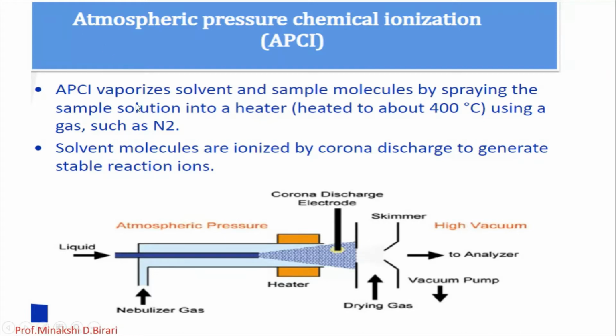APCI vaporizes solvent and sample molecules by spraying the sample solution into a heater, heated to about 400 degrees Celsius, using a nebulizing gas such as N2. The solvent molecules are ionized by corona discharge to generate stable reaction ions, and the ions produced go further to the analyzer.